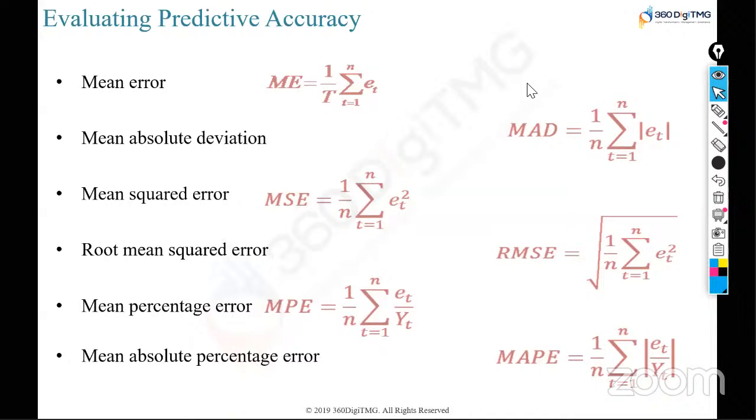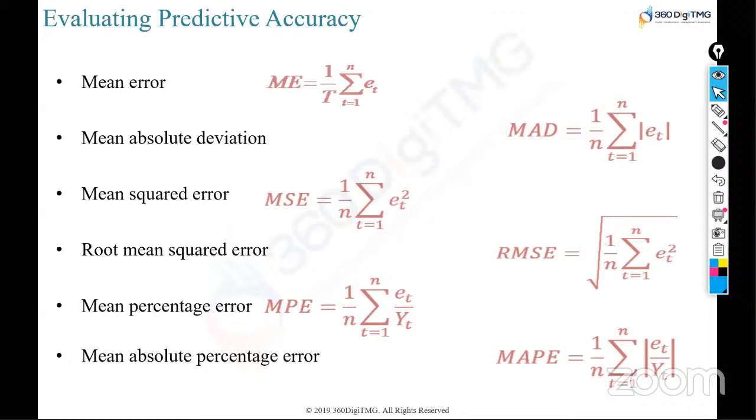It was in the first few classes, when we were talking about the variance, dispersion, x minus mu. If I take x minus mu and do the summation of x minus mu, the positive and negative will cancel each other, and therefore we will not be able to make the true sense of the error. So mean error can be a problem.